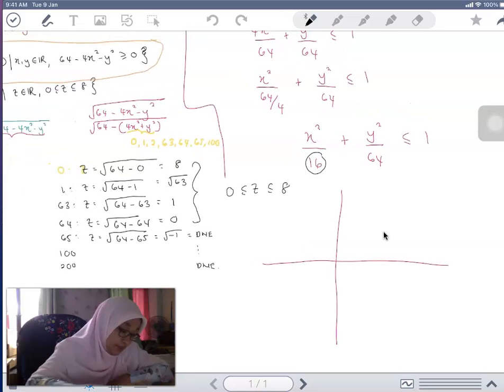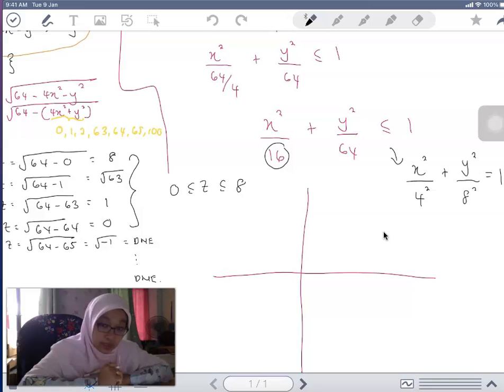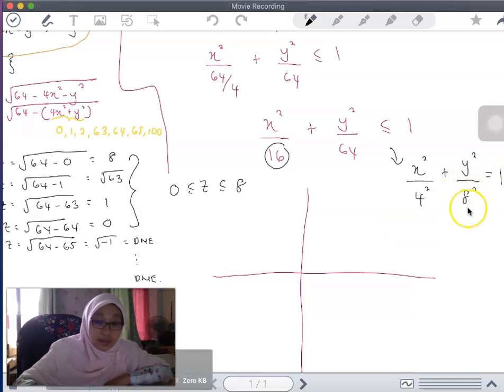So meaning that the thing that you have to do is rewrite into the general form of an ellipse. So 4 squared plus y squared over 8 squared equal to 1. So I just ignore the inequality first because I want to sketch the ellipse. So it looks like the length on the y-axis is longer than the length on the x-axis.